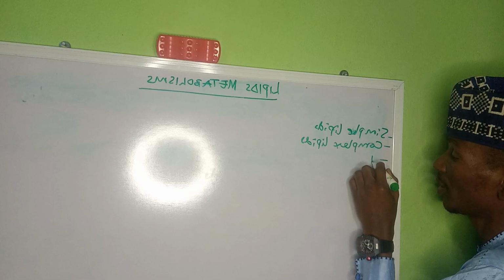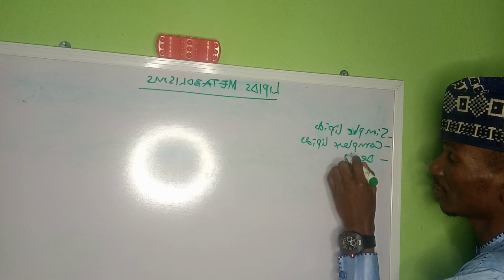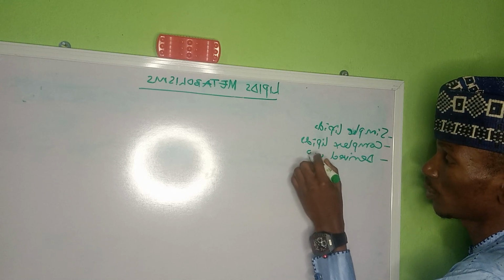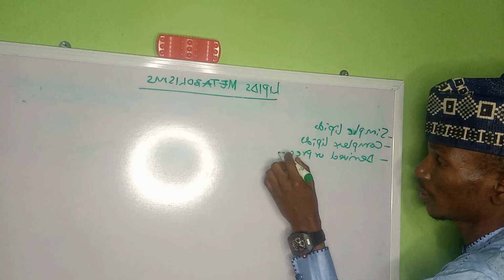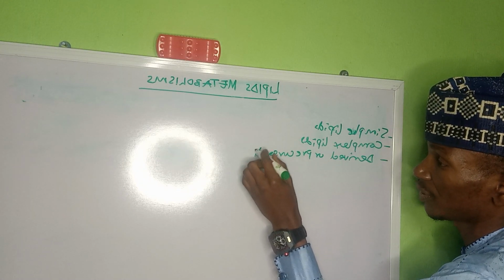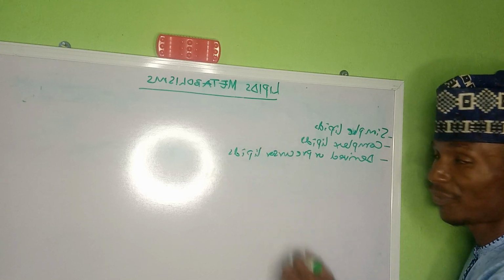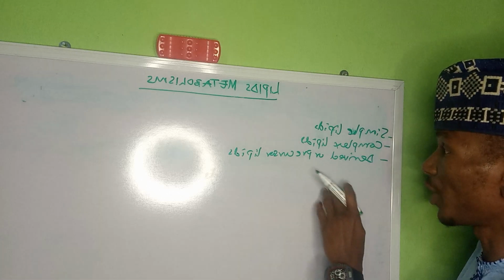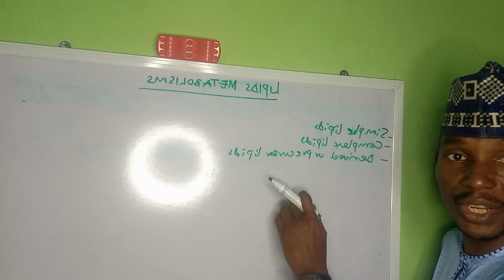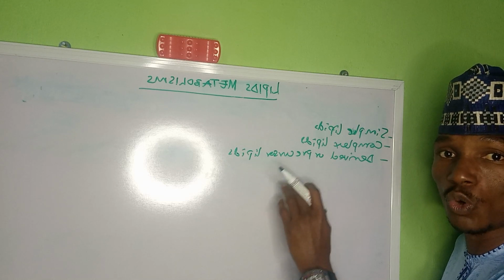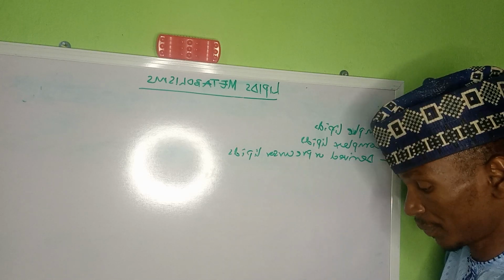We have derived or precursor lipid. These are the different groups of lipid that we have. We're going to pick each group one after the other and see how this group differs from one another.